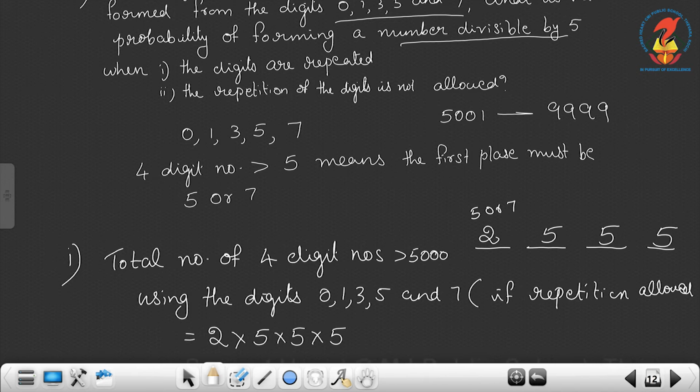So 5 into 5 is 25, 25 into 5 is 125, 125 into 2 is 250.